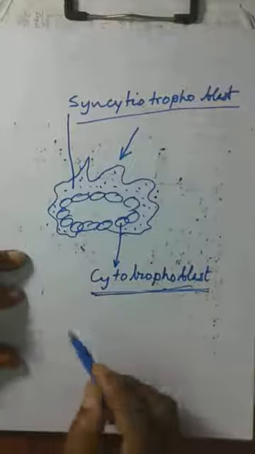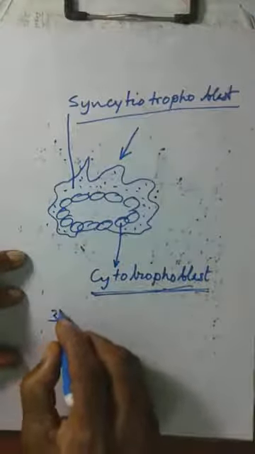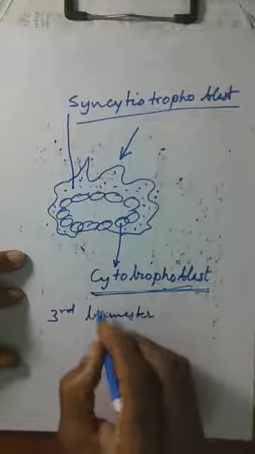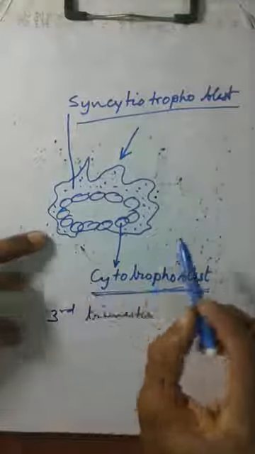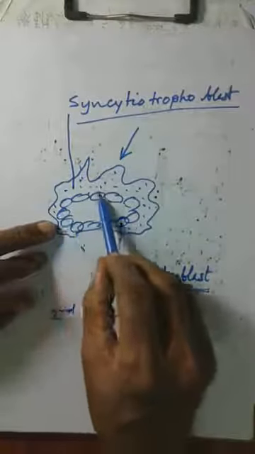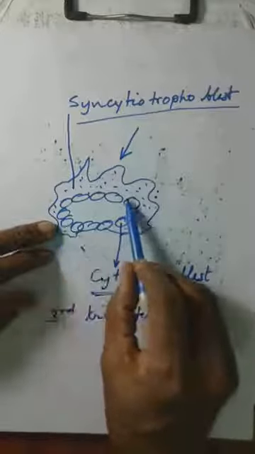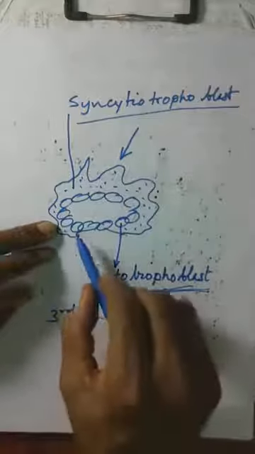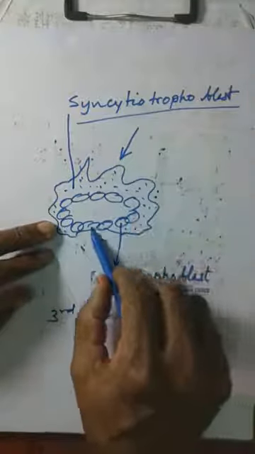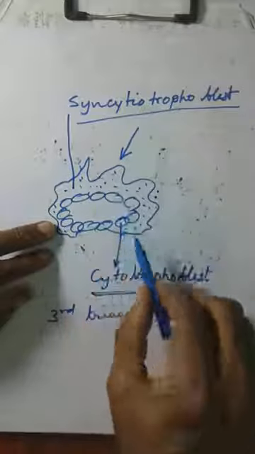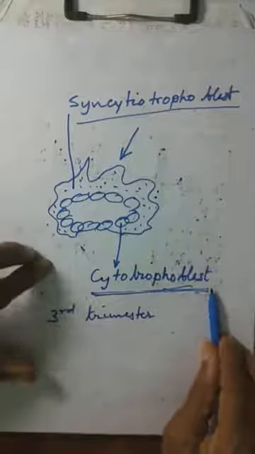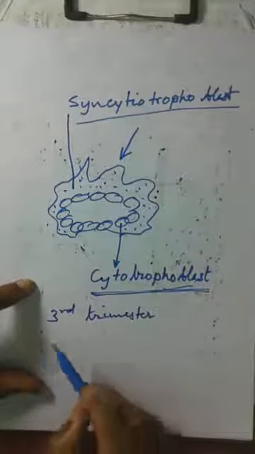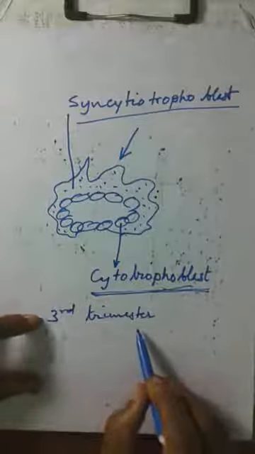What happens in the third trimester? The cytotrophoblast is regressing, diminishing and disappearing. Regression of cytotrophoblast will happen around the third trimester.